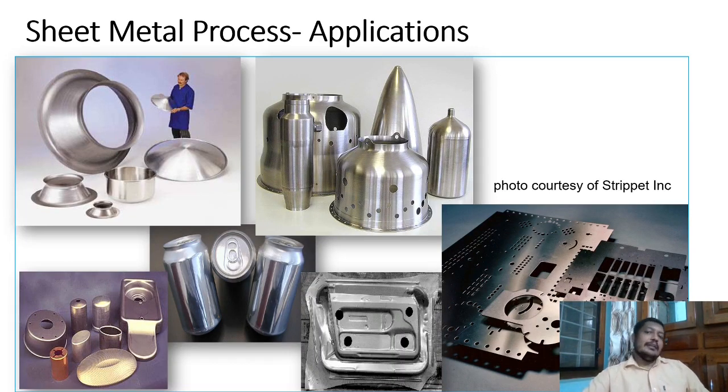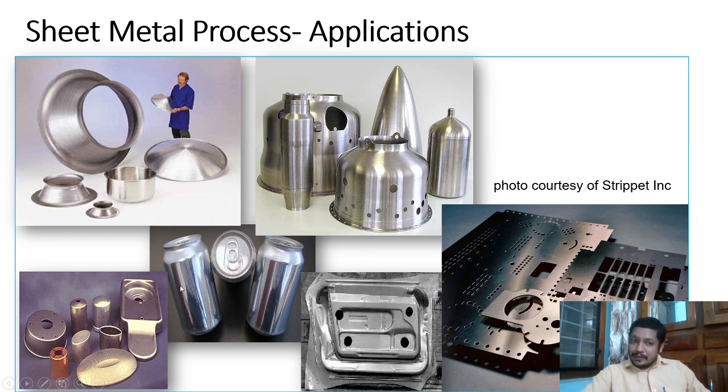You can see some parts where some cutting is done, and here you can see that they are formed. This is a particular part for some kind of missile domes, etc. But you can see these are all formed from the sheet where no cutting is taking place. So that is why in the first slide we mentioned that in sheet metal there are cutting operations as well as forming operations.